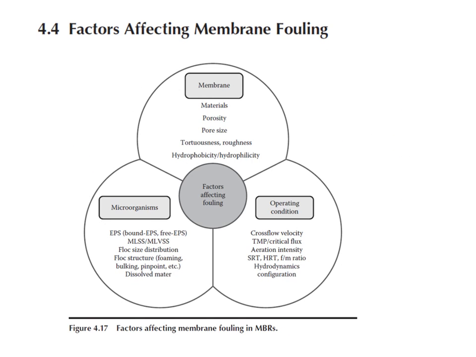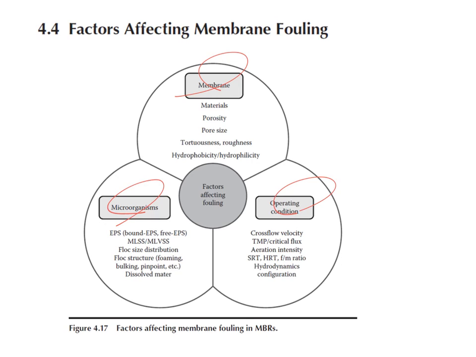Okay, now we'll take a look at the factors affecting membrane fouling. In fact, there are three major factors that we have to consider when we have the fouling problem. The first one is the membrane, the second one is the microorganism, and the third one is the operating condition. As you know, the membrane is the place where the pollutants are deposited, so the membrane property is very important.